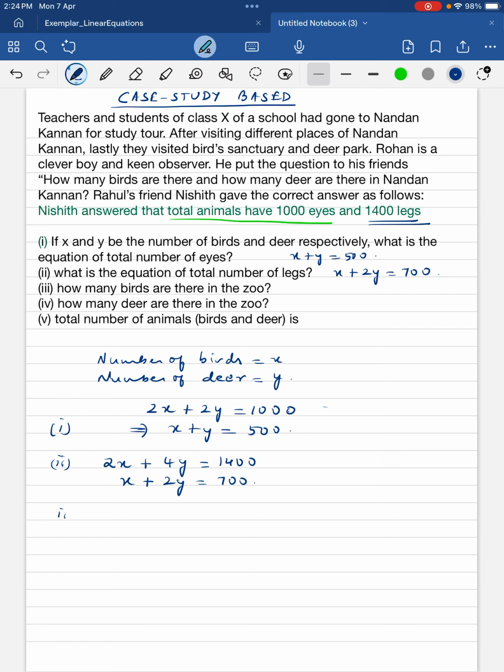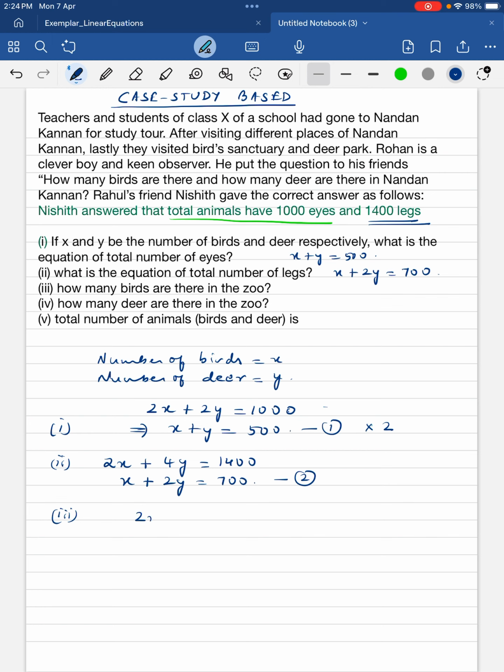Now in the third part, they've asked you to find out how many birds are there in the zoo. And the number of birds we have assumed as equal to x. So basically, I'll have to solve the first and the second equations and find out what the value of x is. Okay, so in order to do that, let me just multiply the first equation with 2.